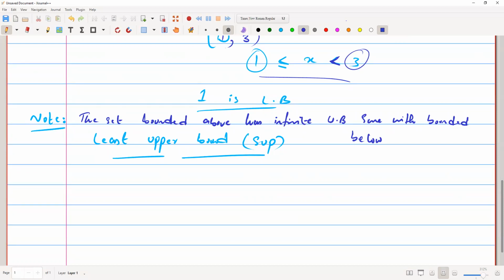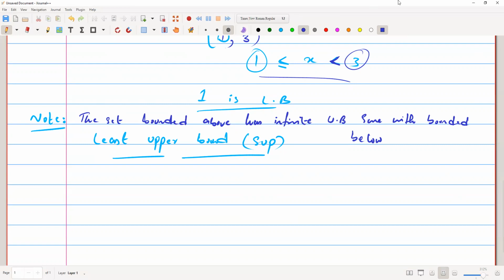And the least upper bound, that is supremum: if the set of all upper bounds of a set S of real numbers has the smallest member k, then k is said to be the least upper bound.